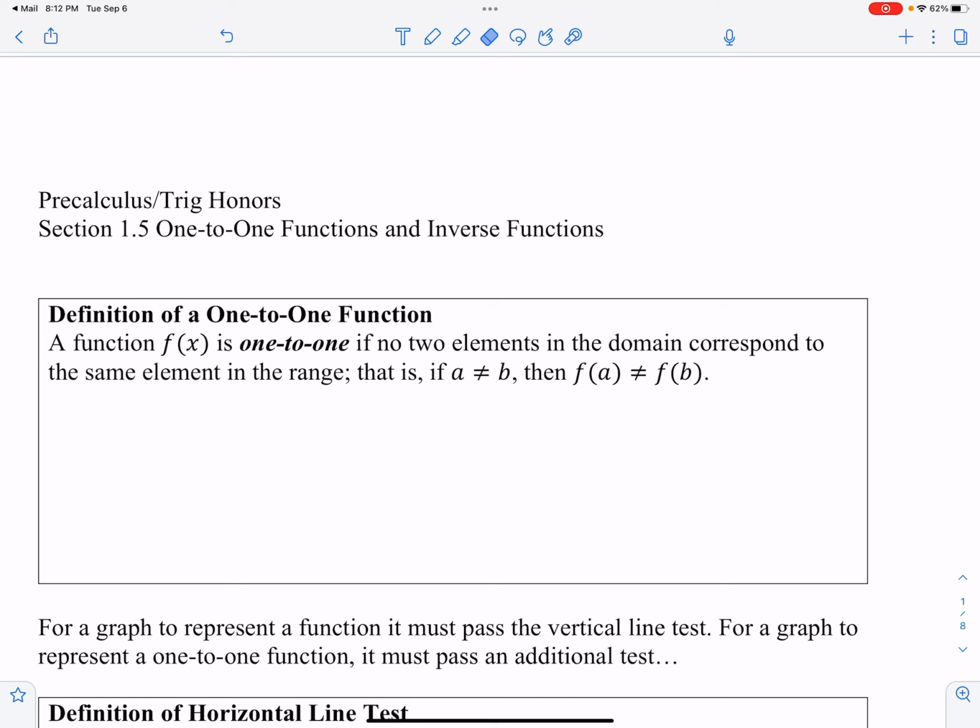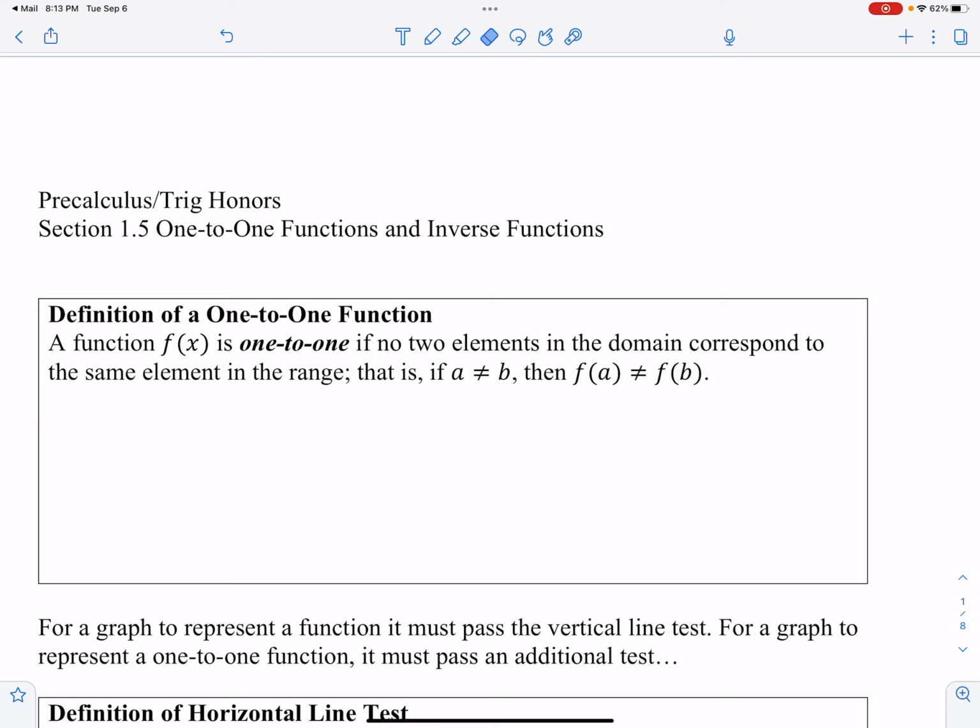Well, for a function to be a specific type of function, we call it a one-to-one function, every element in the domain must correspond to exactly one element in the range, but also every element in the range must correspond to exactly one element in the domain. So basically, every x must correspond to exactly one y, and every y must correspond to exactly one x for a function to be a one-to-one function. It can still be a function without being a one-to-one function.